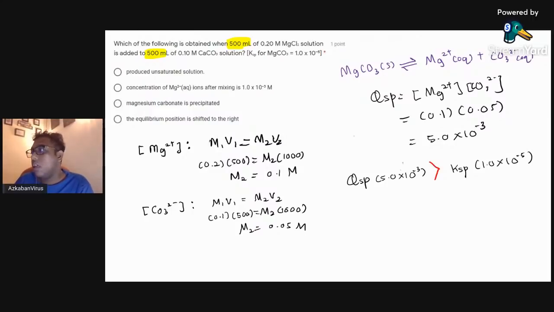Lebih besar. So dia akan shift to the solid. Bila dia shift to the solid, so dia akan ada precipitate. So jawapan dia magnesium carbonate will precipitate.